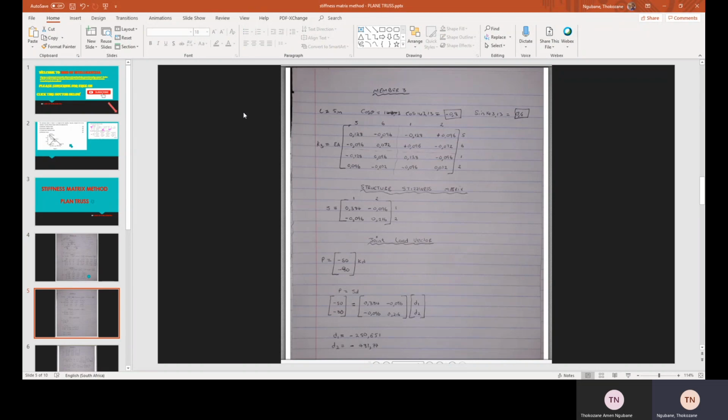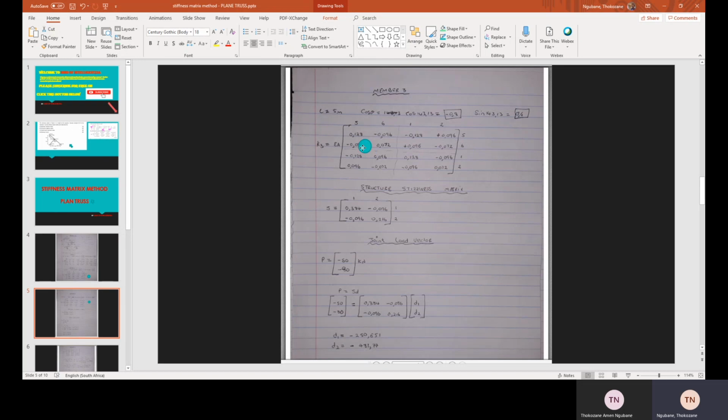Okay, my slide should pop up on your side. Now we're on member 3. Our member 3 is 5 meters long, and our angle is 143.13. We got our cos theta, we got our sine theta.